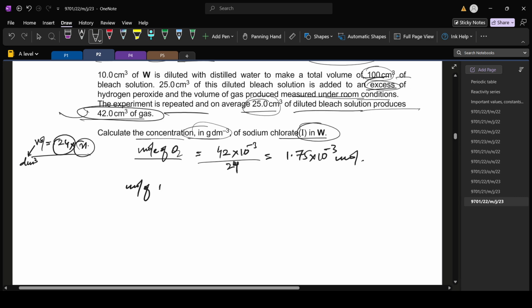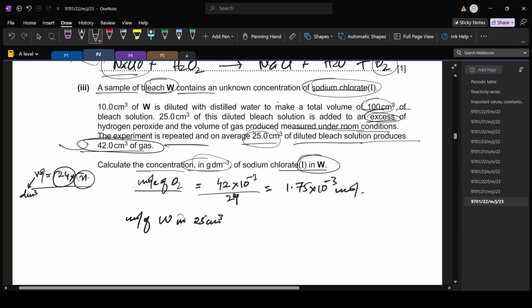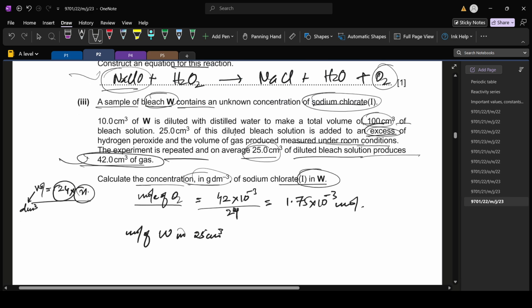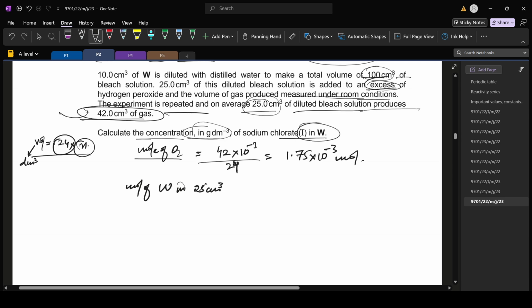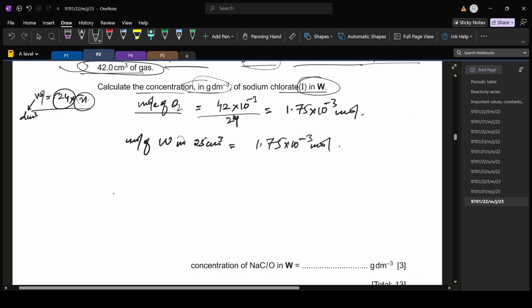So the moles of W in 25 cm³, because it didn't use the 100 cm³, it used 25 cm³ of this solution. So the moles of W in 25 cm³ is equal to 1.75 × 10⁻³ moles. And now you will calculate the moles of W in 100 cm³.